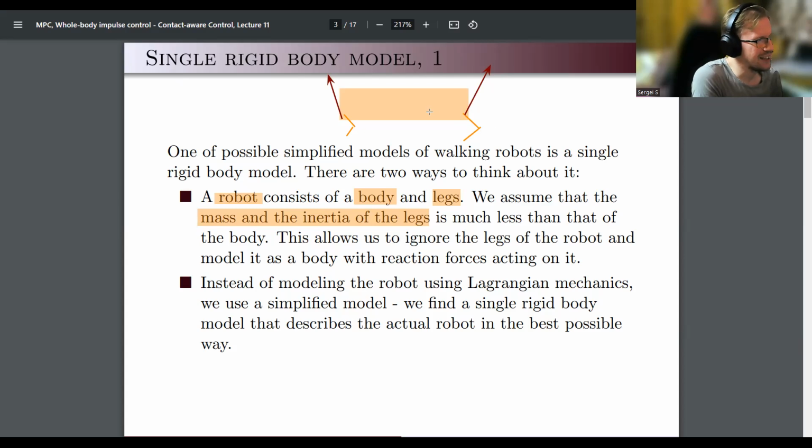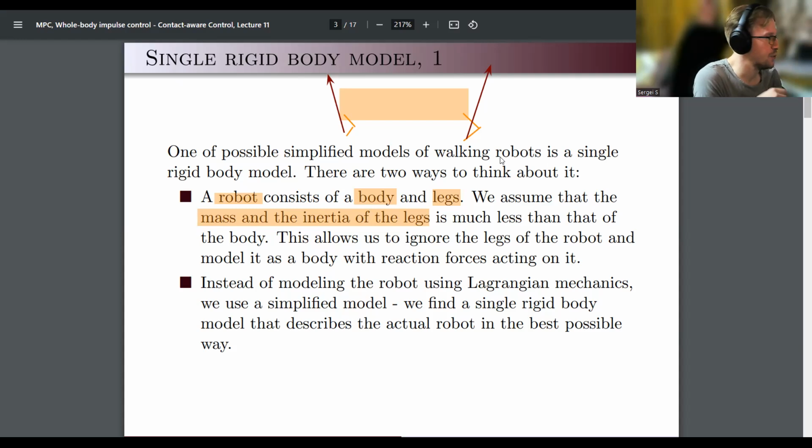This, of course, is slightly complicated because then you have to consider torques. So instead, you can simplify and say, okay, the reaction forces are actually applied here at the ground level, right? Then your computation of torques becomes simple, and the reaction forces mean what they usually mean, the actual ground reaction forces, rather than internal forces inside the robot. And you can still ignore your legs if they're light enough, okay? So this is one way to think about it. You kind of think of your robot as a rocket with the forces attached to it, okay?